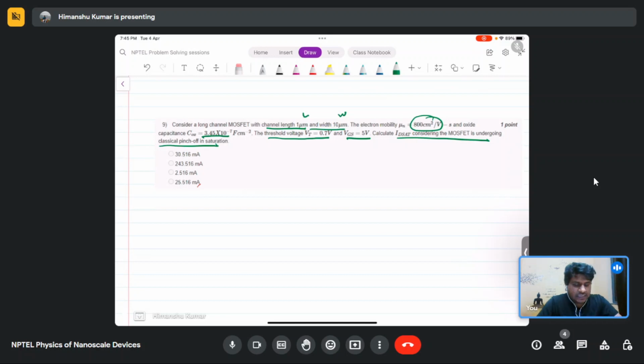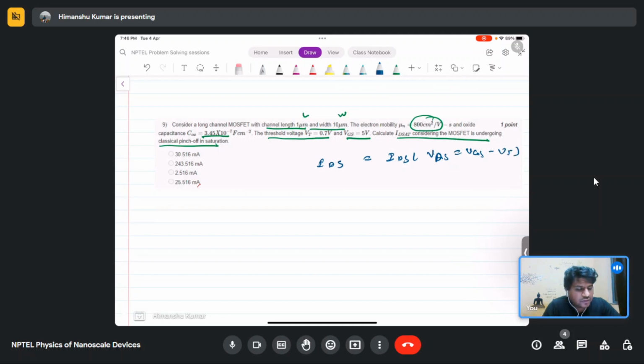So basically, in the classical pinch-off saturation, the channel becomes pinched off, and the current IDS in the saturation region becomes equal to the IDS when VDS equals VGS minus Vt.